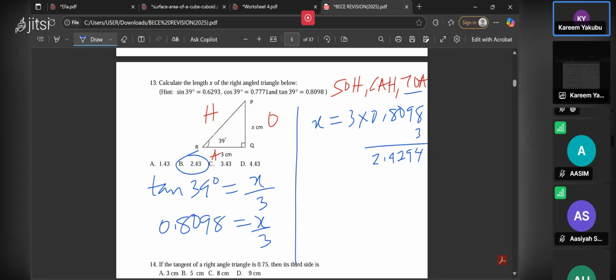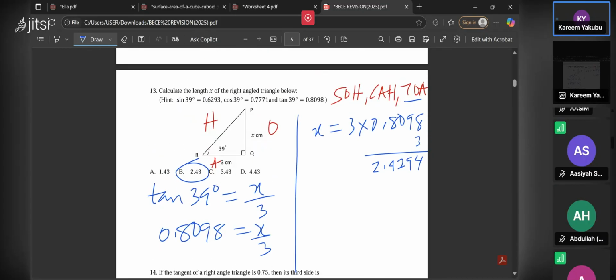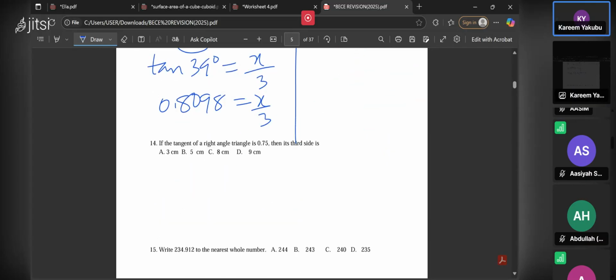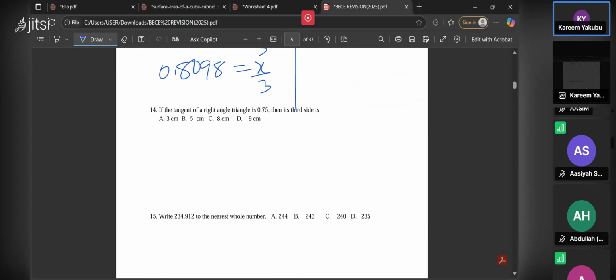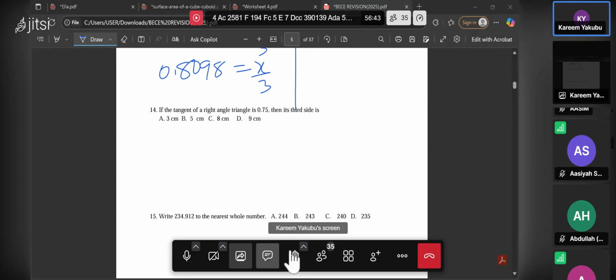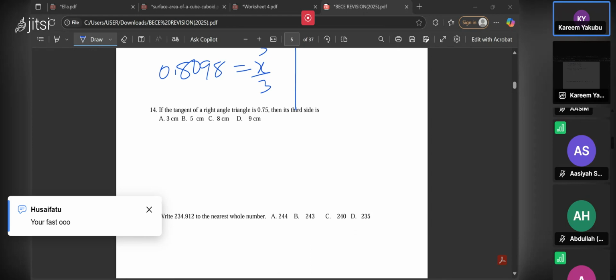So that's on that. So we move to question 14. I believe I'm not too fast, please. You have access to the recording. Let me check if it's still recording. Yeah, it's still recording. So you have access to the recording at the end of the class. All right, so just calm down.